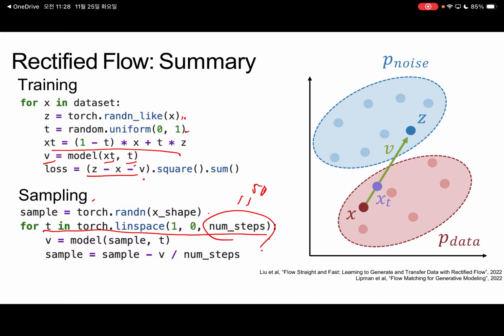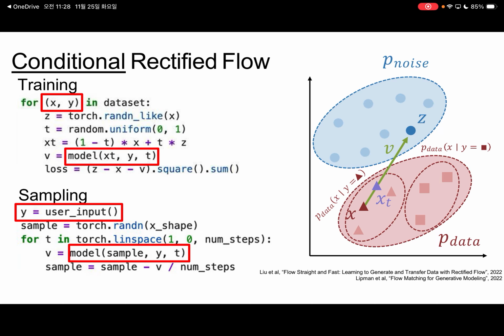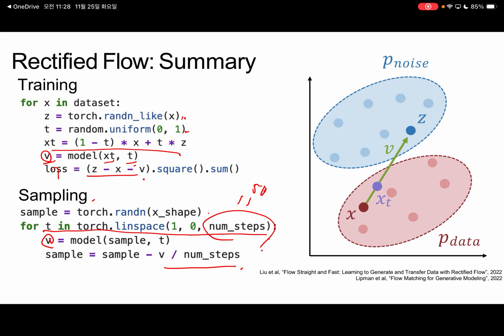We pass the sample and t to the model, and then we get v. We include the estimated vector a little bit by dividing it by num steps, and then we keep repeating this to get the final image x0, right? It's not very difficult, right? Despite this simplicity, it works quite well.